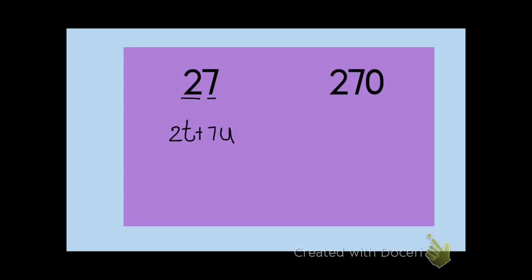Now here we have 270. Say it with me. 270. Now can you hear we said 200? So we have to count in hundreds by the hundreds room to get to 200. 100, 200. 2 times. So in the hundreds place we have 2 hundreds.